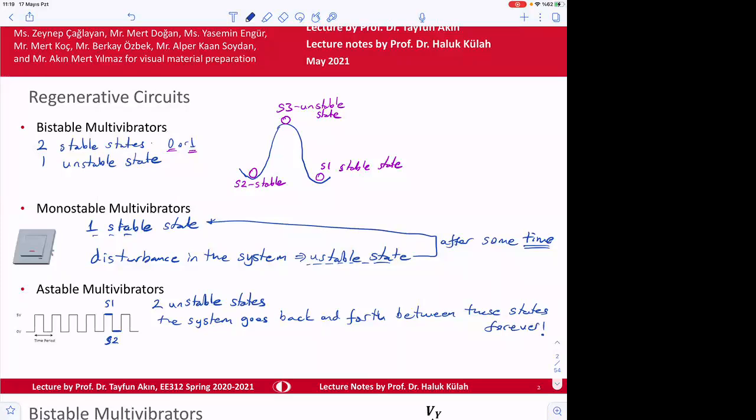Okay, so this is what we need, for example, if you want to create a clock. So it is good for clock signal generation.